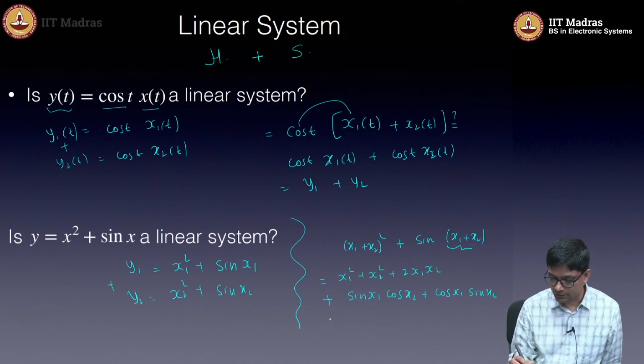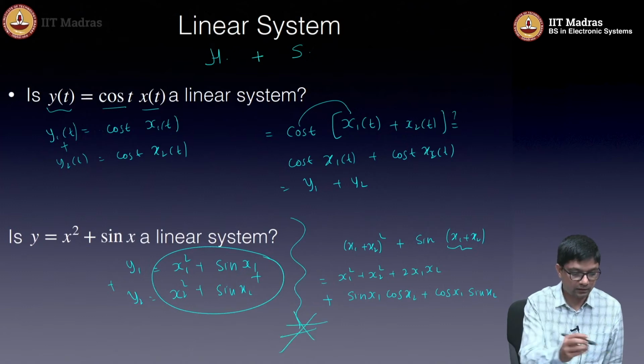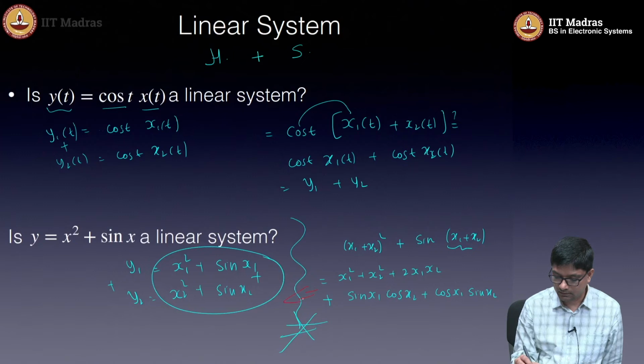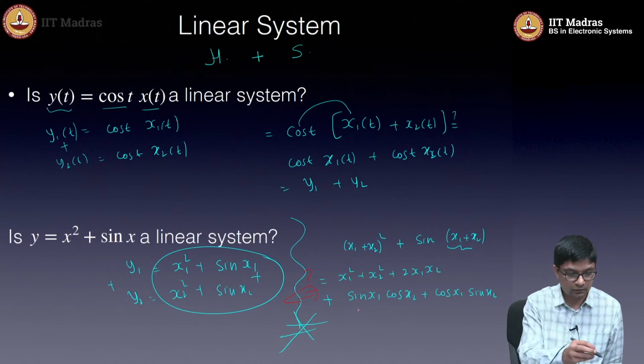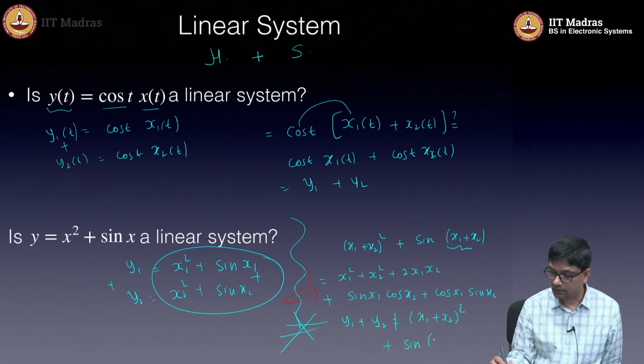But what is definitely sure is, is this term here equal to the sum of these two terms? Well, this is actually not true. So there does not exist a similarity here. y1 plus y2 is not equal to x1 plus x2 whole square plus sin of x1 plus x2.